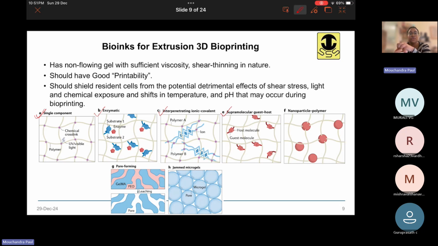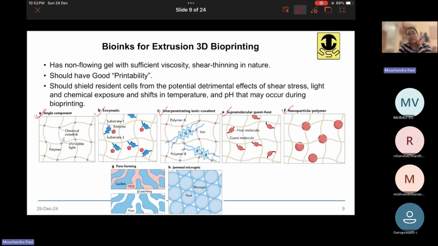So the guest molecule contains a proper configuration that fits well with the host molecule, and because of which this kind of crosslinks form among the polymer chains, all right.